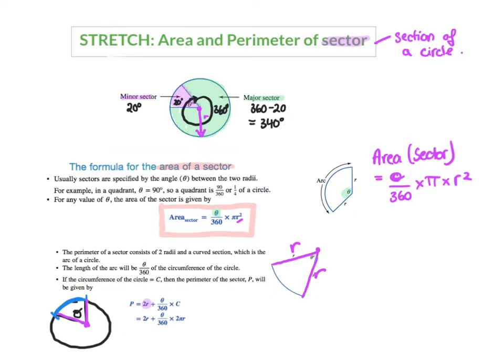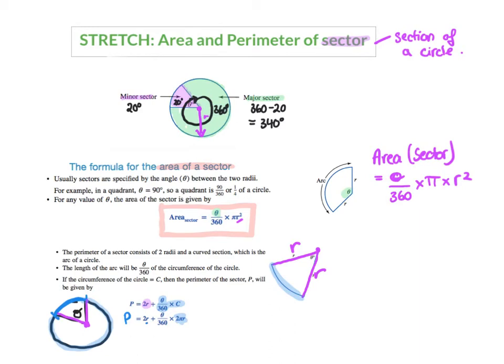Now for this blue bit, when we just want the edge of that section, that's a certain amount out of the full circle times the circumference. Remember, the perimeter of a circle is called the circumference. Right here, they have used the circumference formula, which is 2 times pi times r. We like to use 2 times pi times r so that we use the same letter, because we've got radius here already.